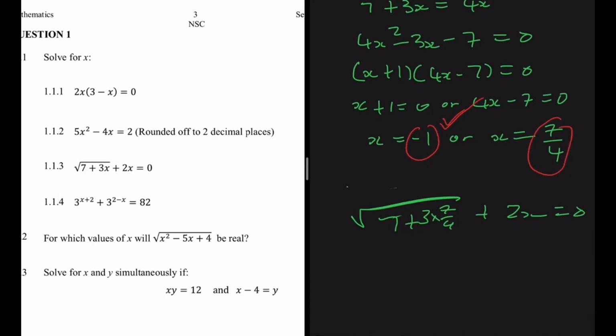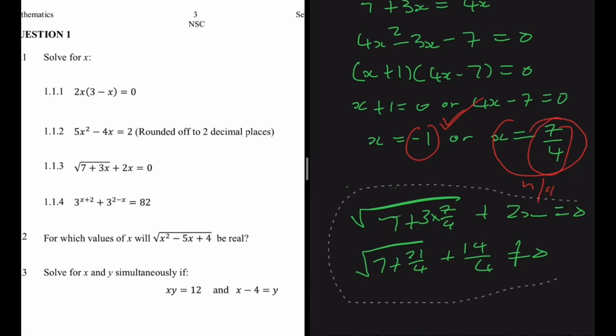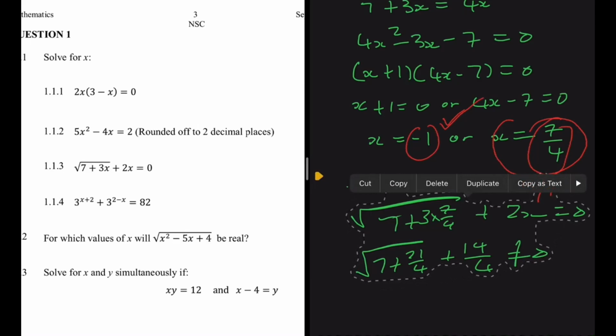Already you can see that this will not be equal to 0, because here we're going to get 7 plus 7, 14, 21 divided by 4 plus 14 divided by 4 is equal to 0, and this is clearly not equal to 0, right? So this solution falls apart, so it's not applicable, right? And there's actually a mark for rejecting that other solution.